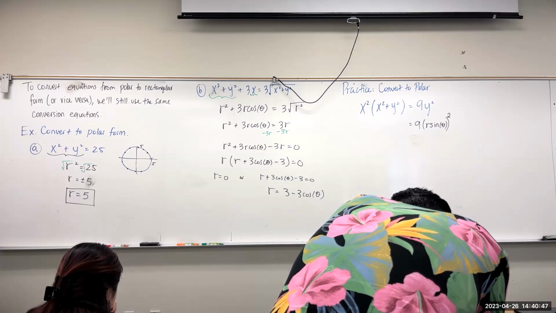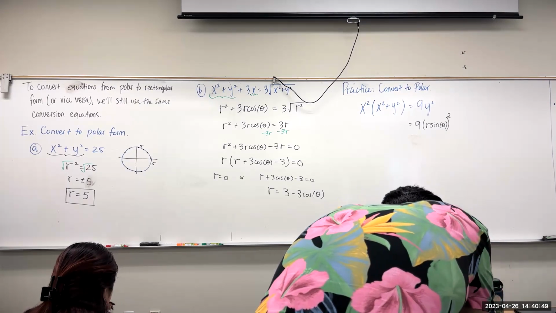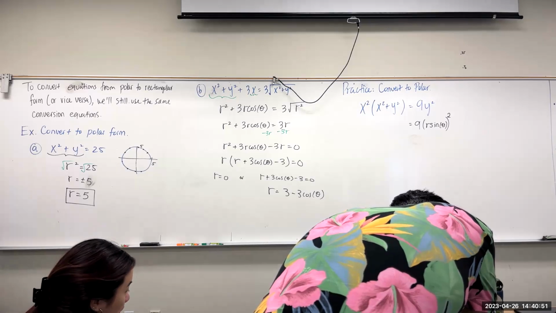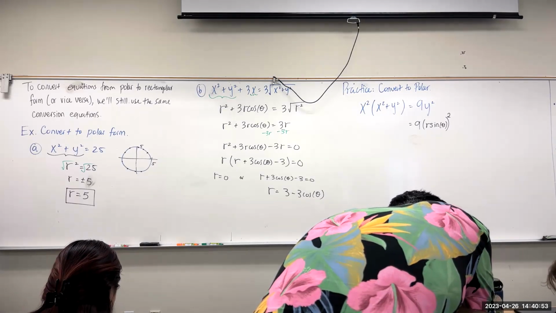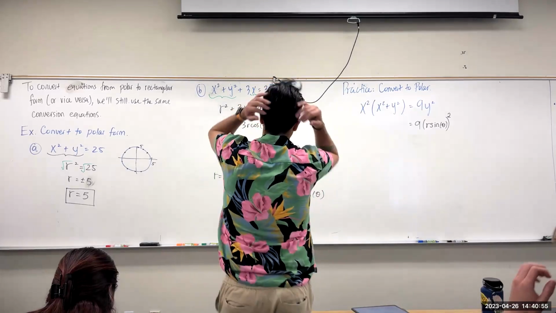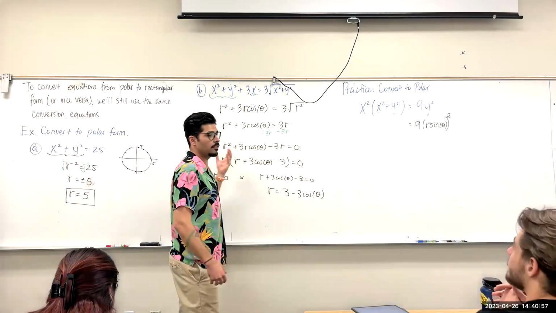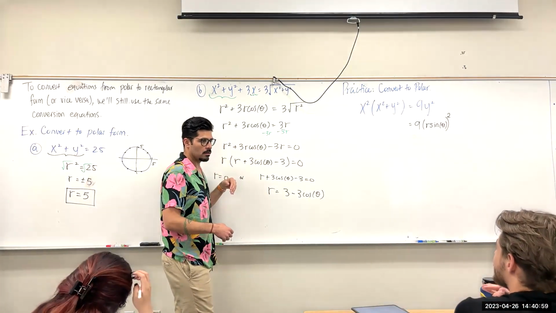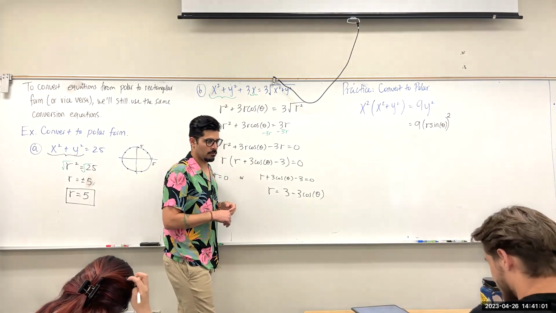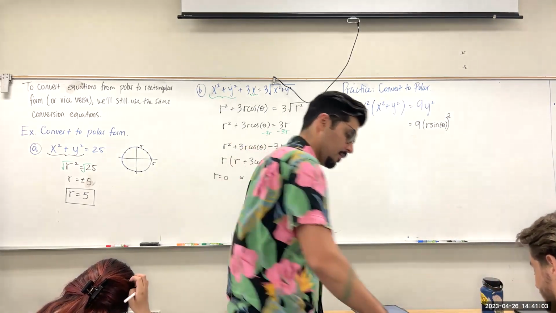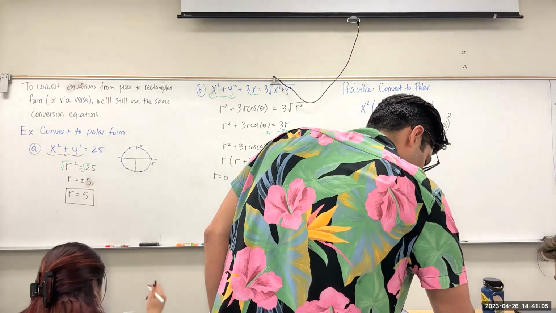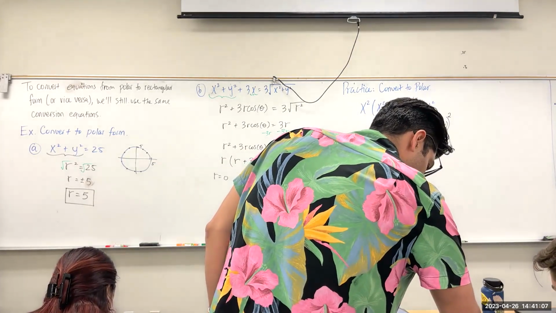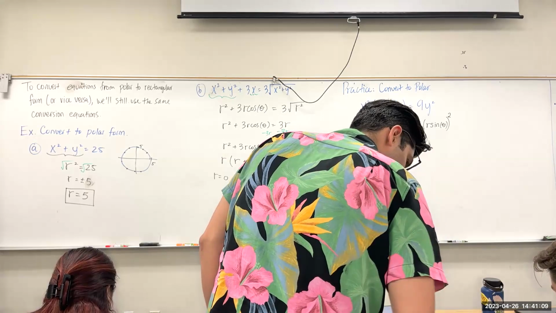Just be careful with dividing by r's. Here, instead of dividing by r, we moved everything to one side and factored. Try doing that. Instead of dividing by r squared sine squared, try subtracting this to this side.